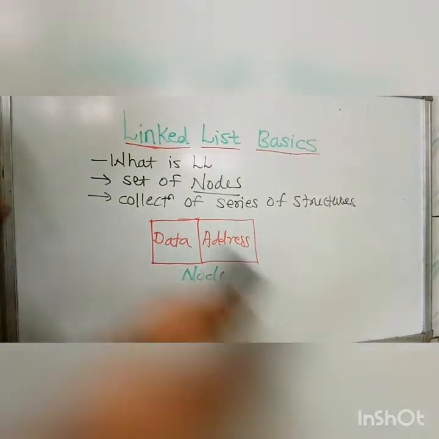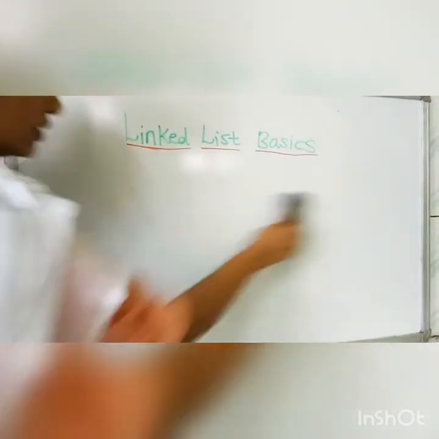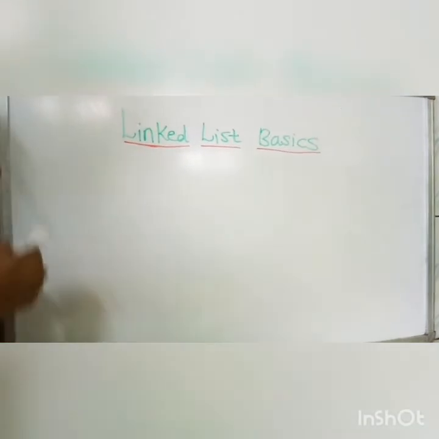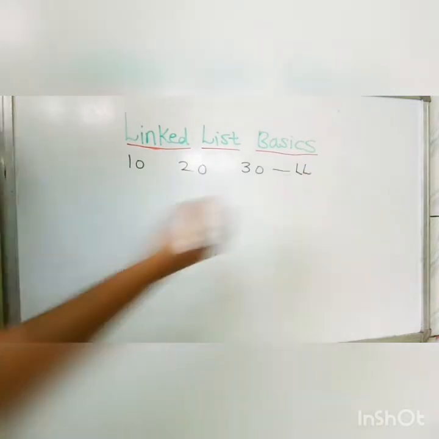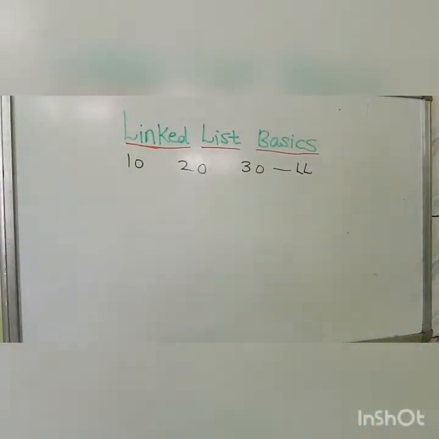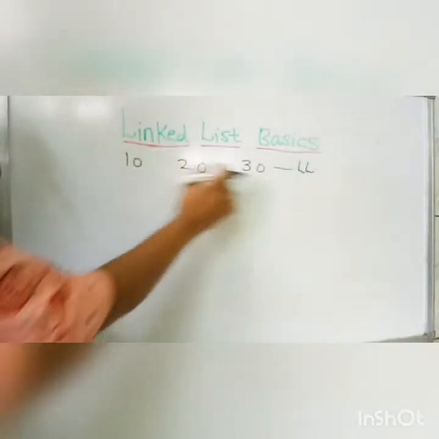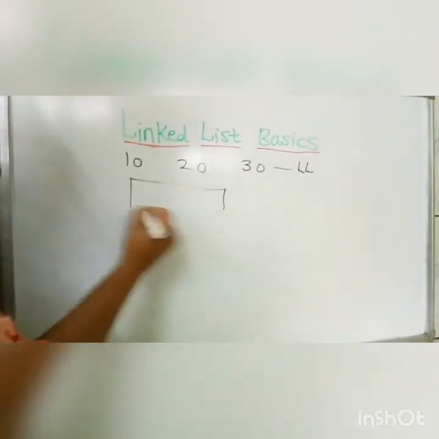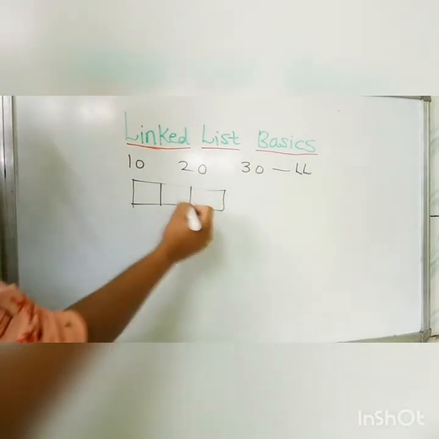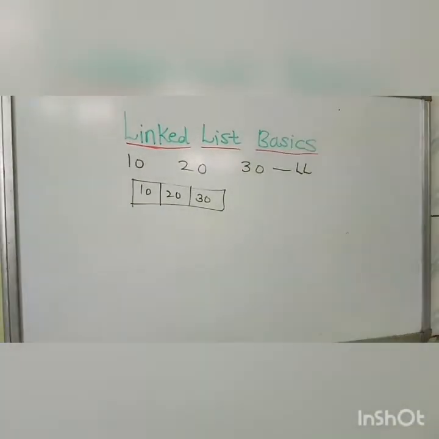Suppose we will explain it with one example. Suppose we have to store these data elements using the linked list. We will use some abbreviations, like shortcuts, like linked list having the double L. If this list were stored using an array, then it would be simple: 10, 20, 30 stored in contiguous memory blocks.